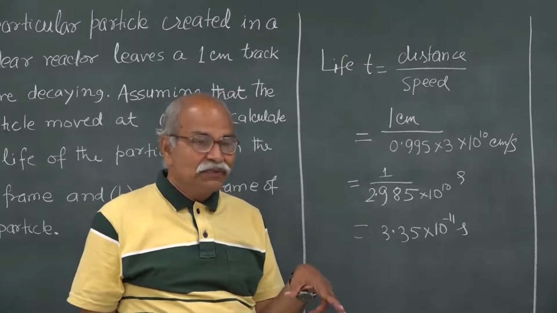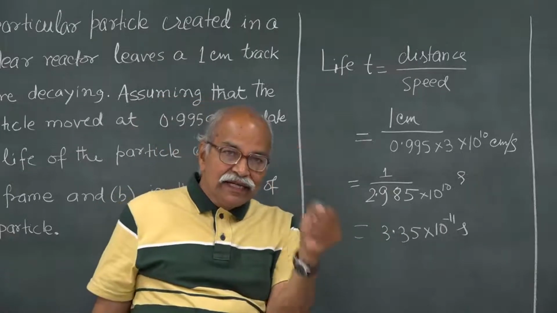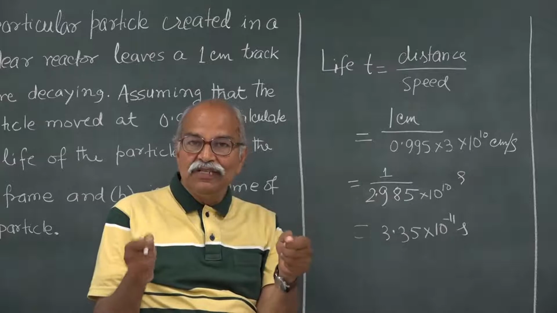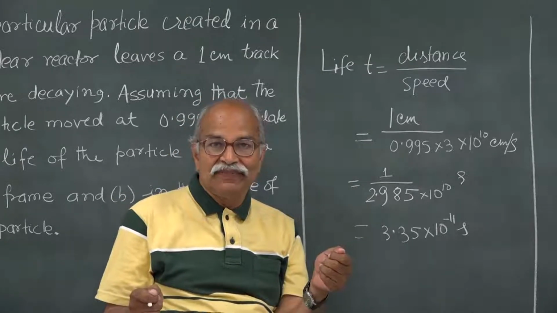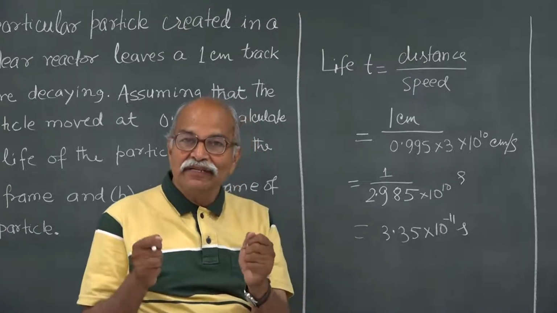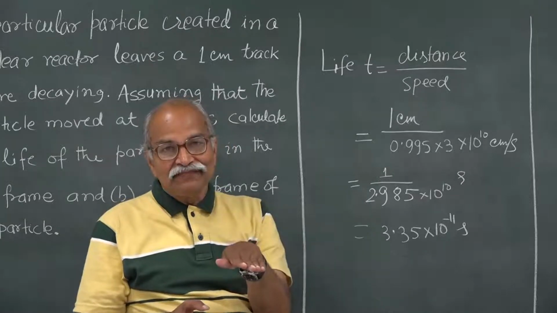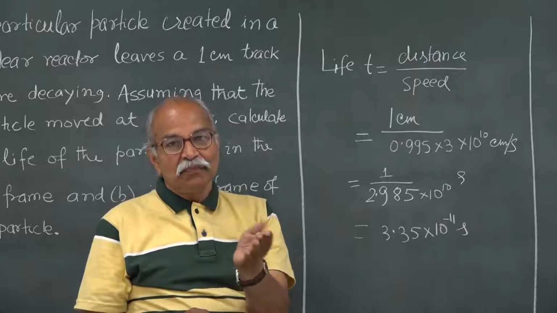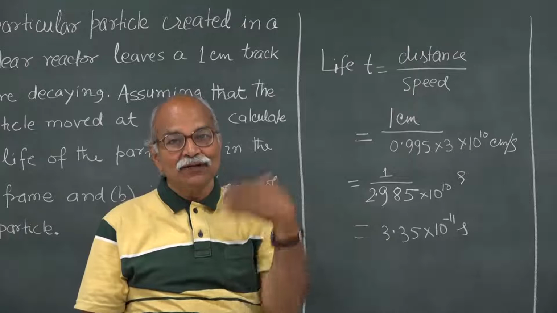You can see that the particle created and particle decayed, these two events are 1 centimeter apart in the lab frame. So, this is not the proper time interval, whereas if you go in the particle frame, if you put your origin on the particle itself, the particle is created at the origin and the particle decays at the origin.